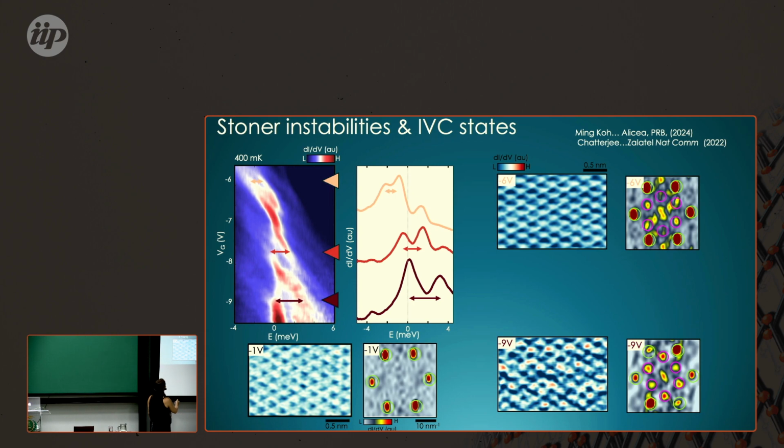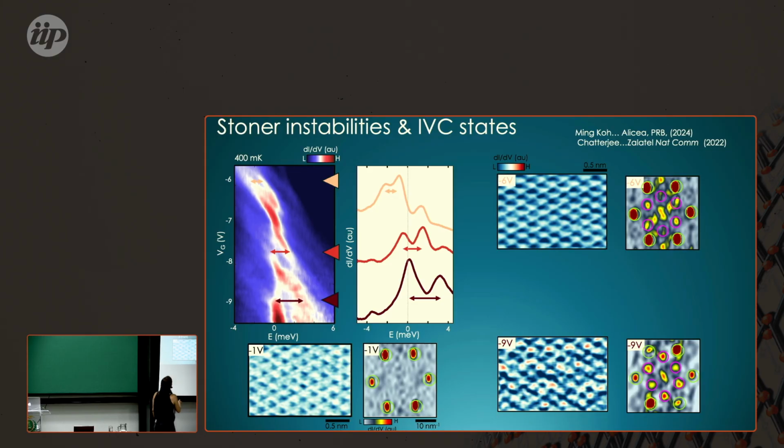Similarly, we see this at the upper splitting. Here the modulation is even smaller than what we see here.